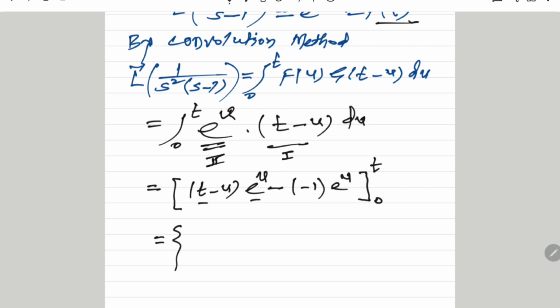Substituting the upper limit t for u, therefore t minus t we get 0, minus minus plus e raised to t, these two terms for the upper limit, minus the lower limit, u as 0, therefore it is t e raised to 0 and minus minus plus e raised to 0.